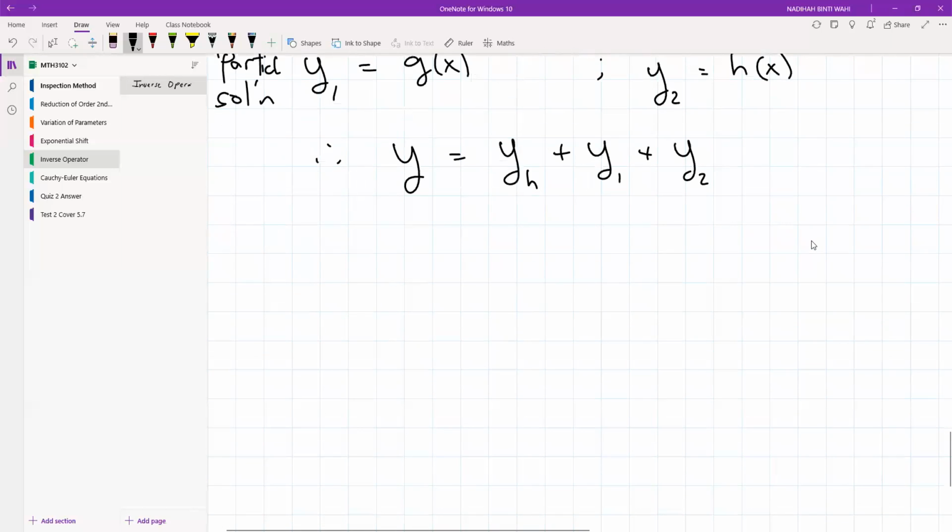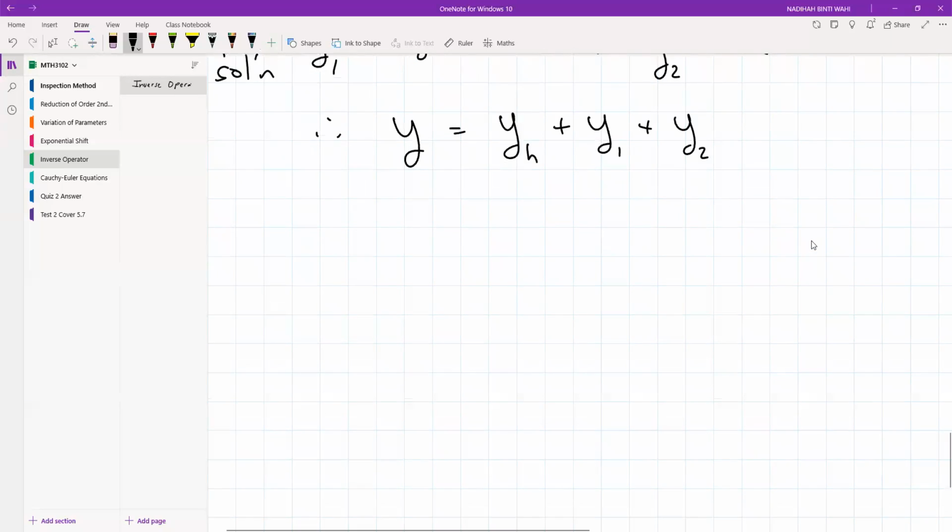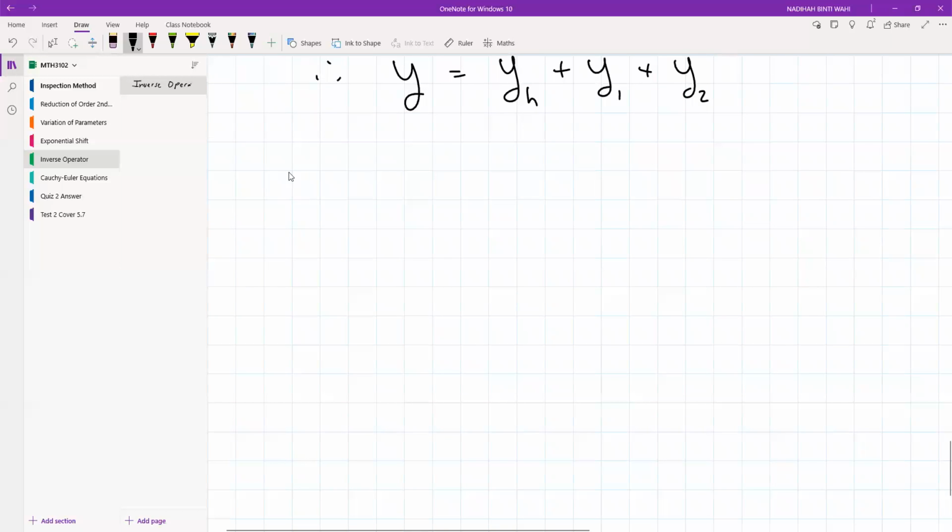Let's look at the cosine 2x first: R1 equals 12 cosine 2x.